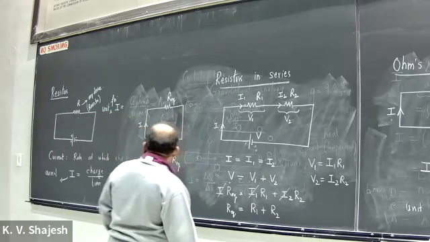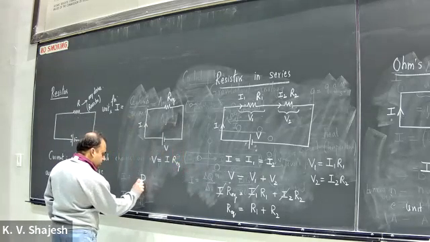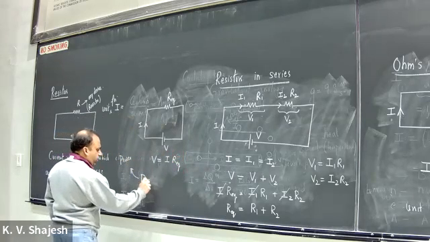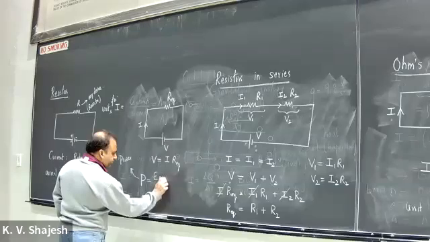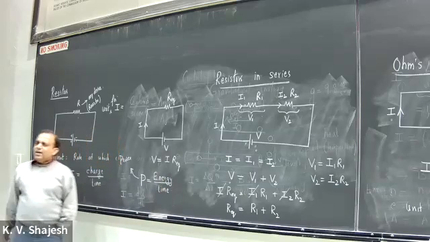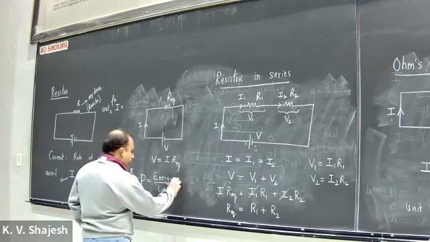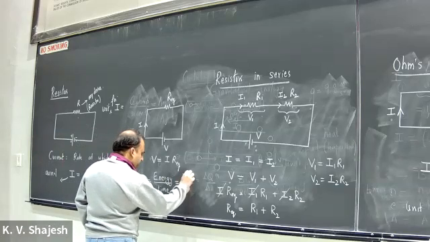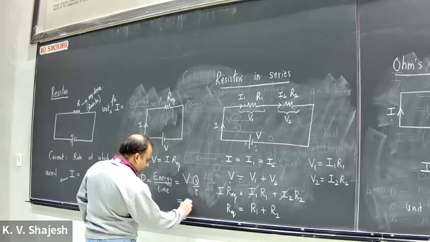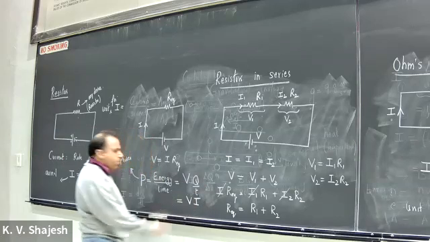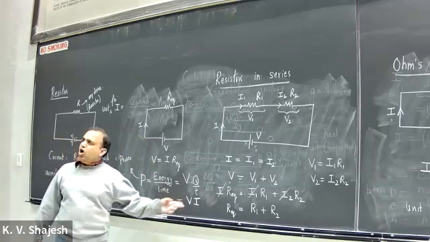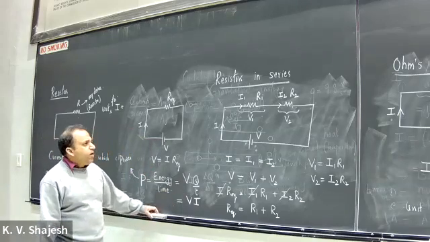So power P is equal to energy per unit time. Energy is voltage times Q, very broadly speaking, so this is V times Q over t, which is V times I. So you multiply the current and the voltage together, you get how much energy is lost per unit time, and that's the idea of power.